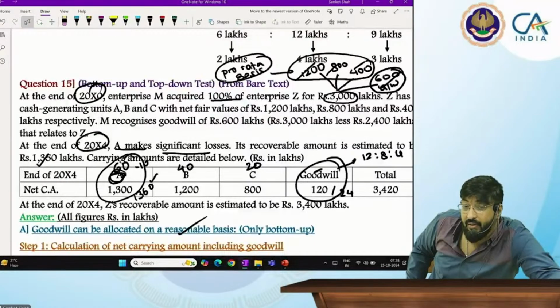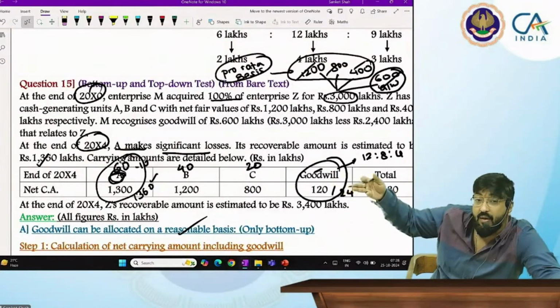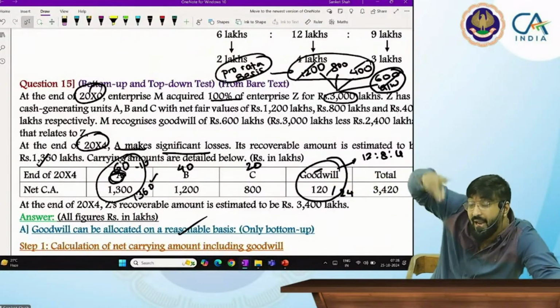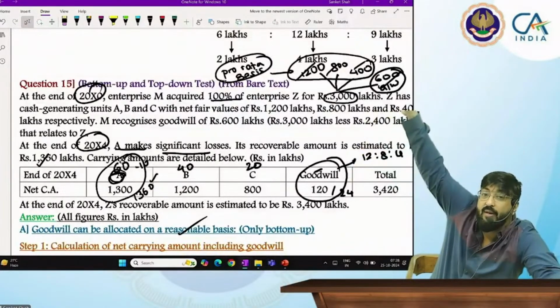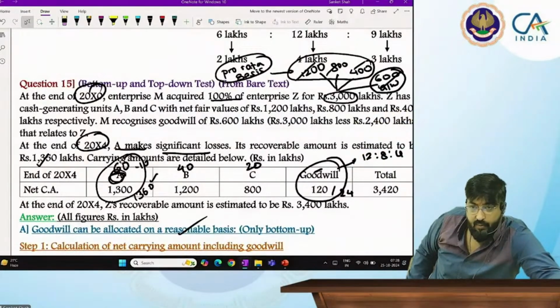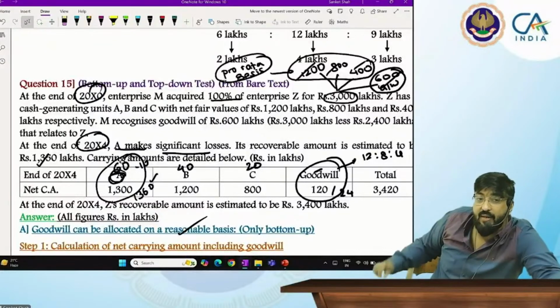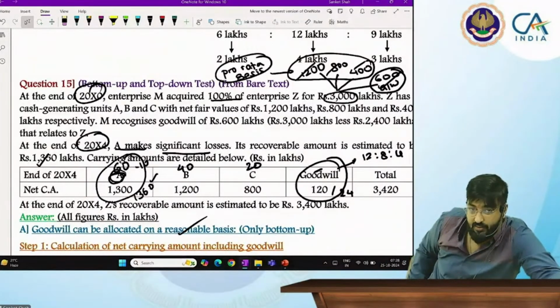But wait, goodwill is of all CGUs, so I will divide that goodwill in some ratio between A, B, and C. That 120, I will divide in the ratio of 1200, 800, and 400. So A's portion is 60 rupees.